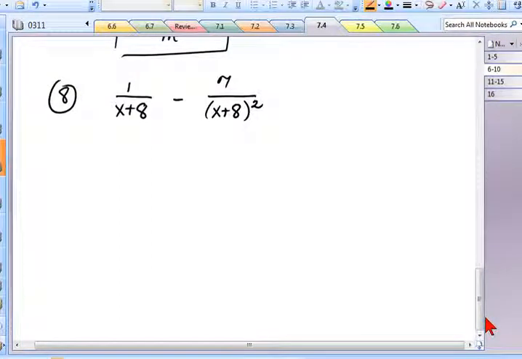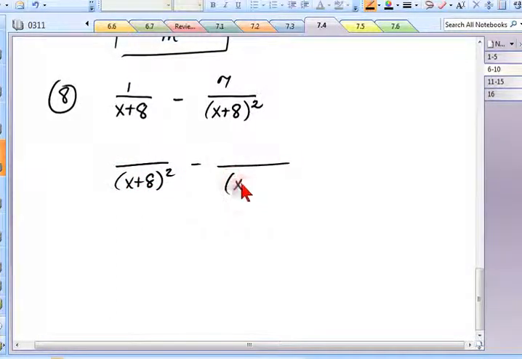All right, no factoring to be done. I just need you to tell me what the least common denominator will be. x plus 8 quantity squared. I need the squared one. All right, so I need x plus 8 squared, x plus 8 squared.